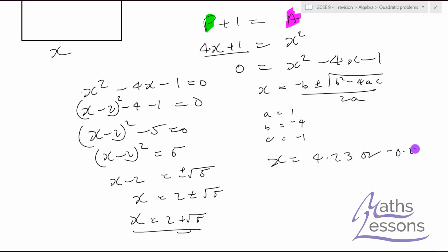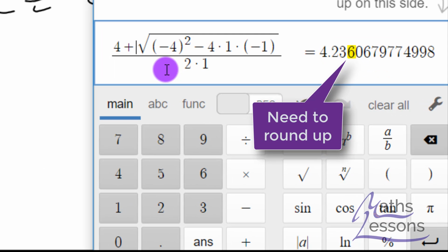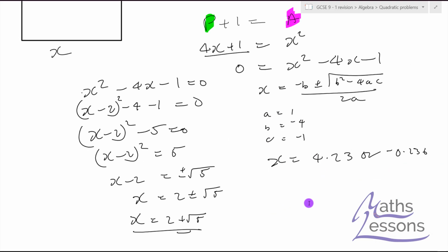Now I just want to go back and check my 4.23 actually, because I have a feeling I'm not accurate to the degree of accuracy I've quoted. So it's minus 4.236, I'd round to get minus 4.24, and 4.24. So it's quite important when you quote your accuracy to get it right. So both of these are to 3 significant figures.